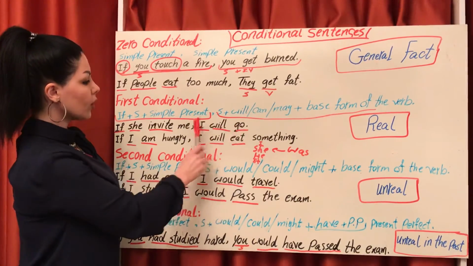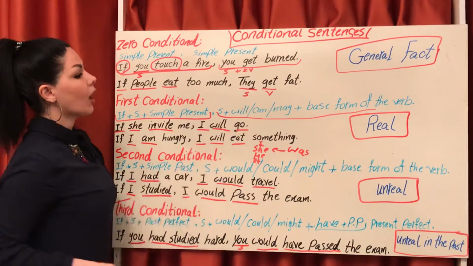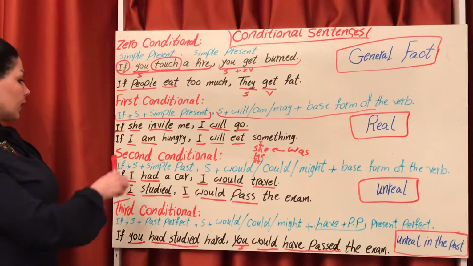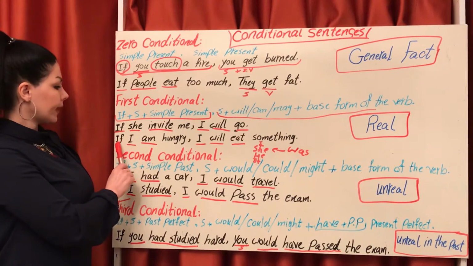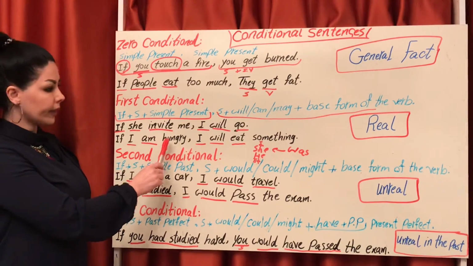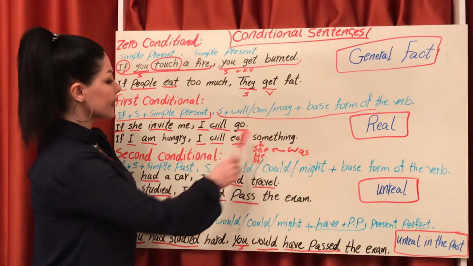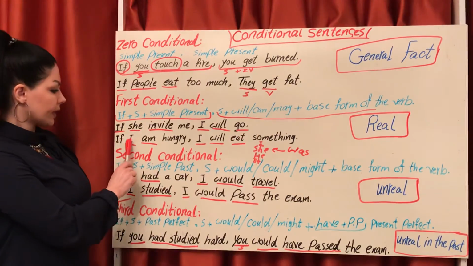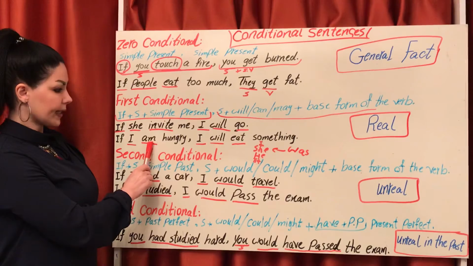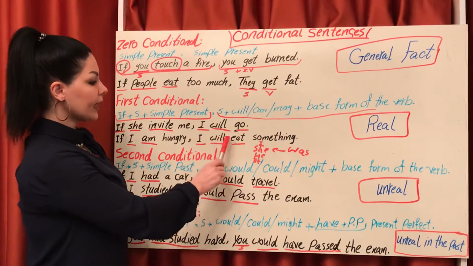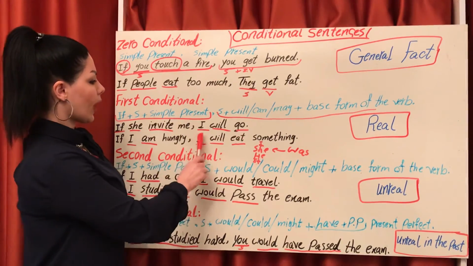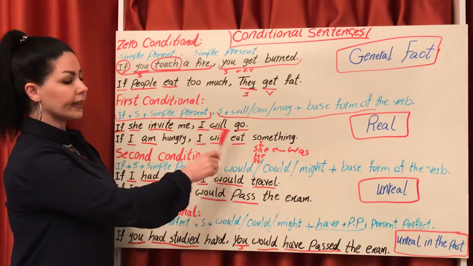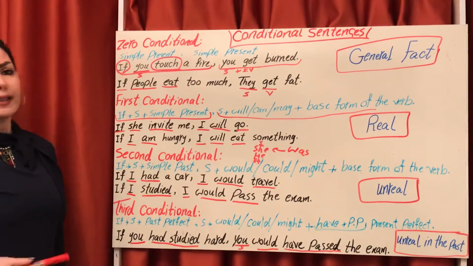I will go, I can go, I may go. Or the second example, if I am hungry, I will eat something. I will eat, I can eat, I may eat.